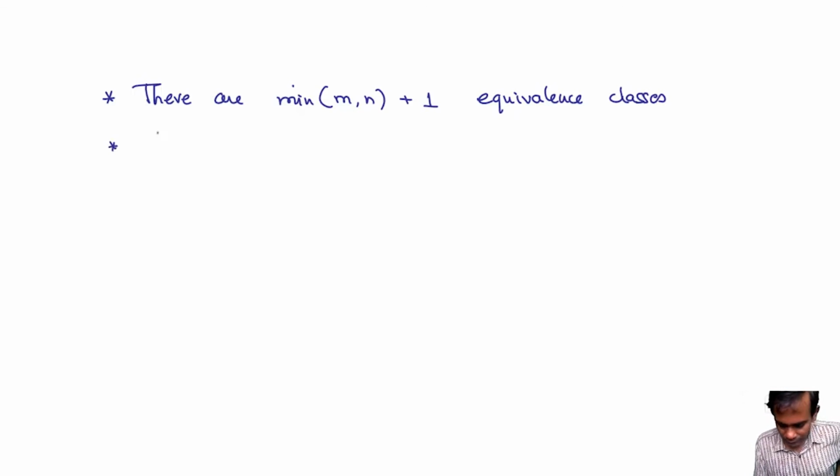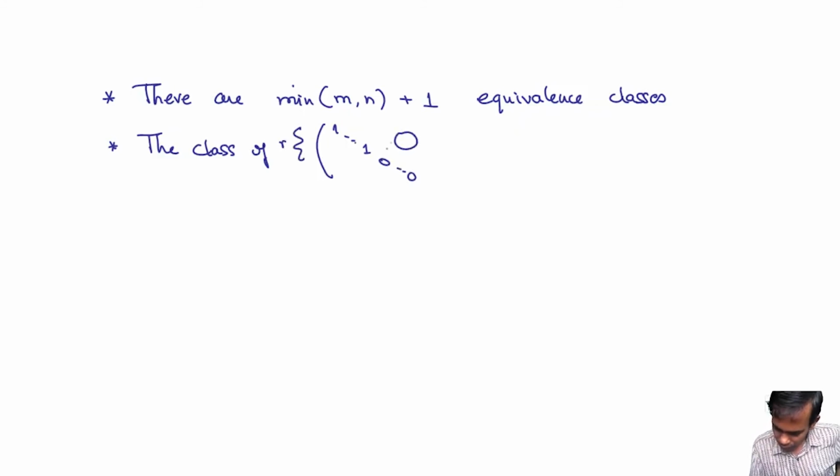And the class of the matrix with r ones on the diagonal and then 0 consists of all rank r matrices.